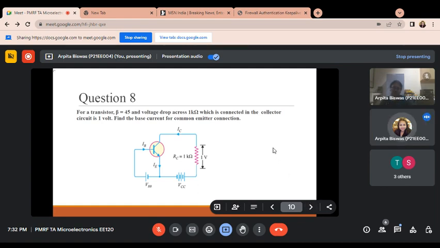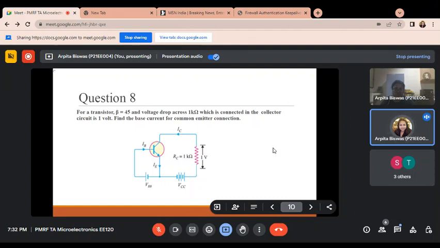So next we are moving towards a little bit of numerical question. Can you solve this? For a transistor, beta is 45 and the voltage drop across 1 kilo ohm which is connected in the collector circuit is 1 volt.